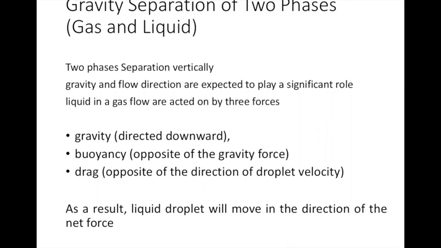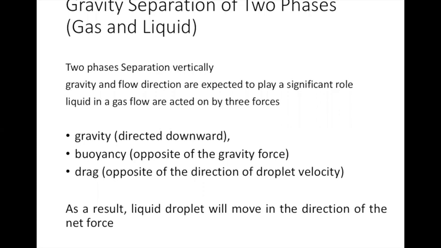Now, before going to the design, we must understand the gravity separation of two phases, right? Once you see that these two phases are separating vertically, gravity must always be acting, and there is flow direction of the gas upward.